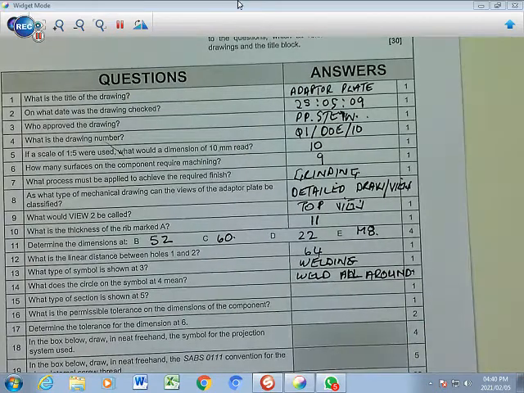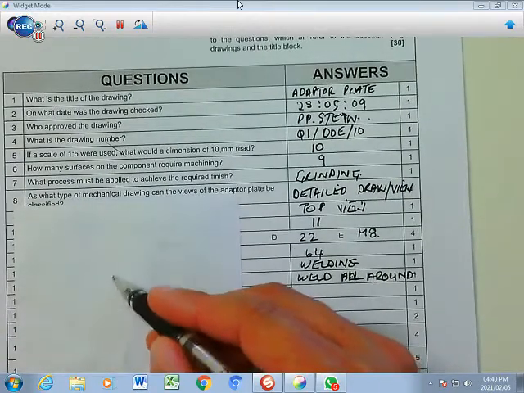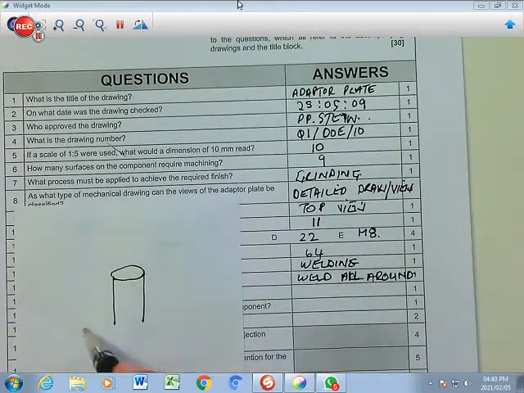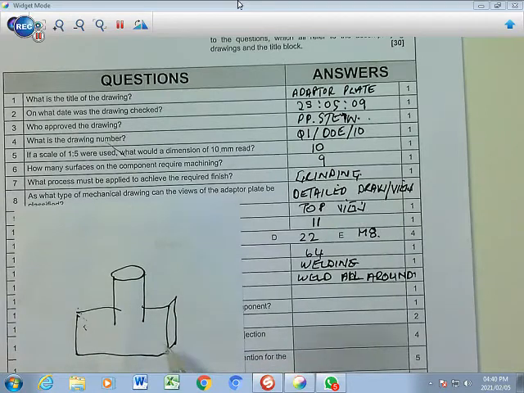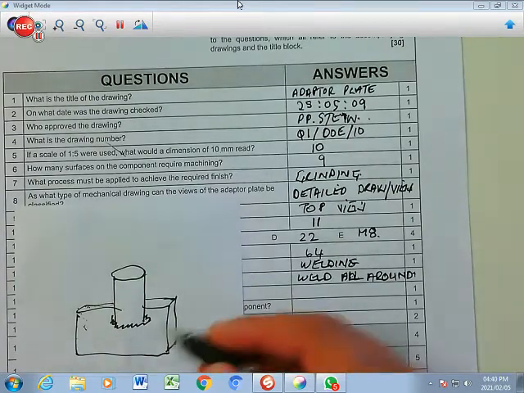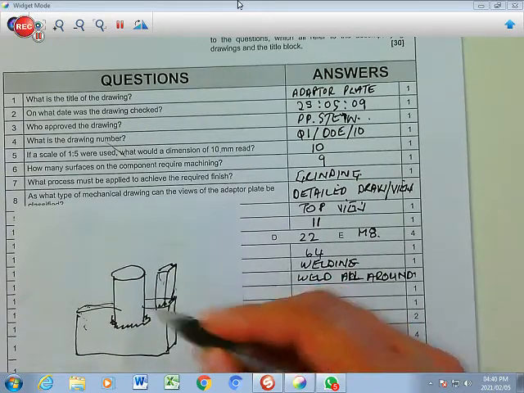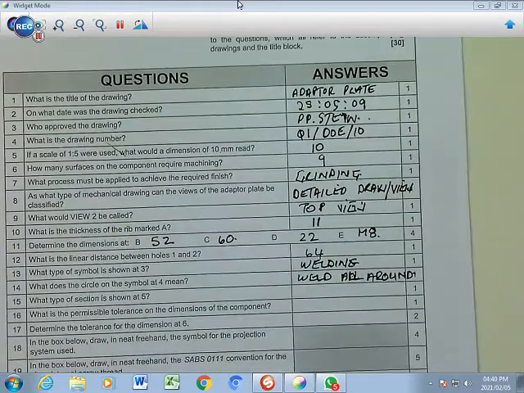Should you have a cylindrical component that's going to be welded on a base like that, what's going to happen is that you must weld all around here, and that symbol indicates that that is going to be the case, that you do the welding all around the circle, or even if it's a square like that, that the welding must go right around. That's basically what it means.